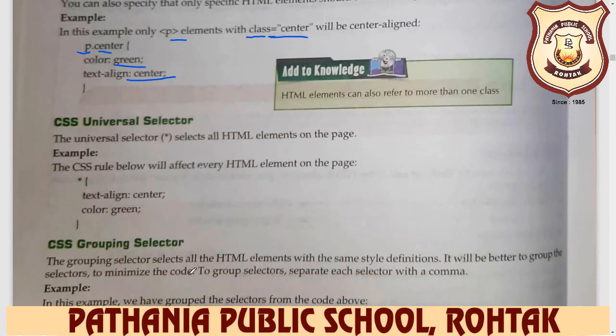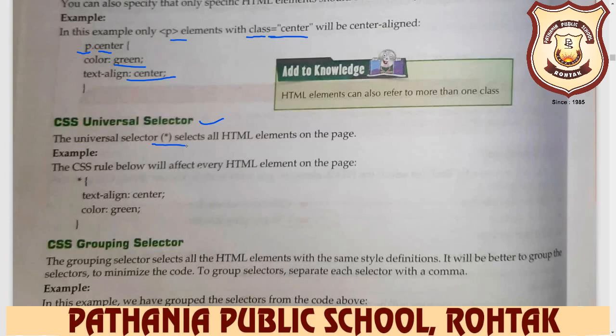And your next selector is the universal selector. CSS universal selector. This is your fourth selector. In the universal selector, the asterisk sign, your star sign, selects all HTML elements on the page.